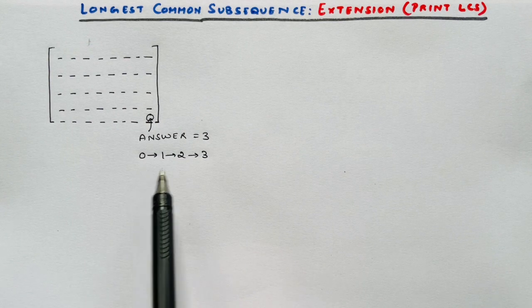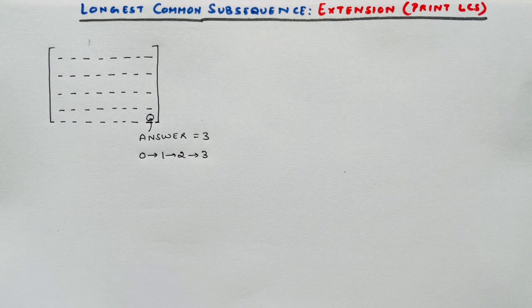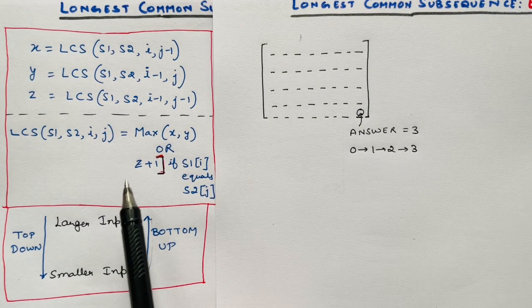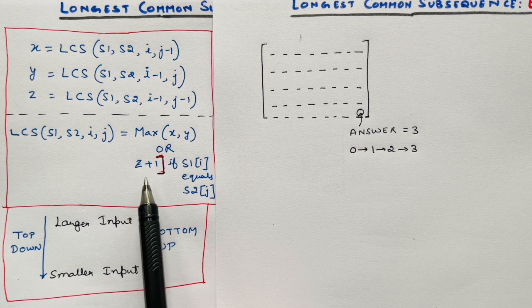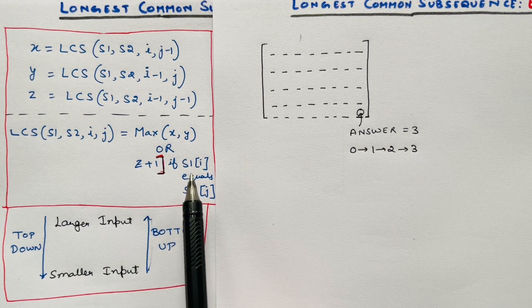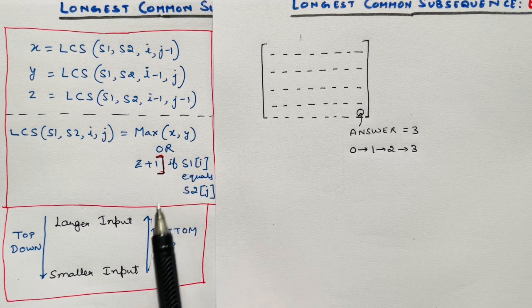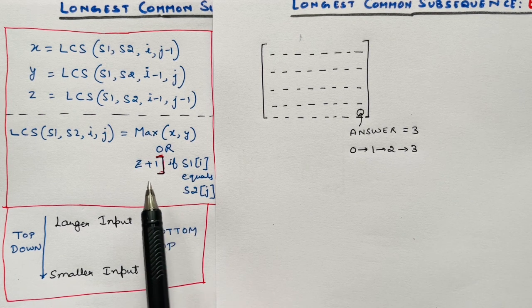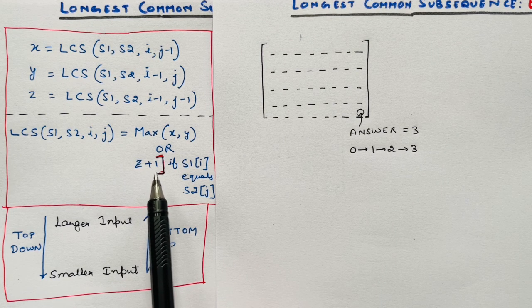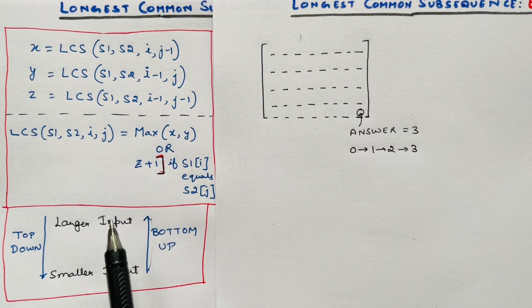So how is this length of the longest common subsequence increasing? It will increase because of this condition. Because here, if the two characters at S1 and S2 are equal, that means that character is part of the longest common subsequence. And that is why the length of the longest common subsequence increases by 1 here.